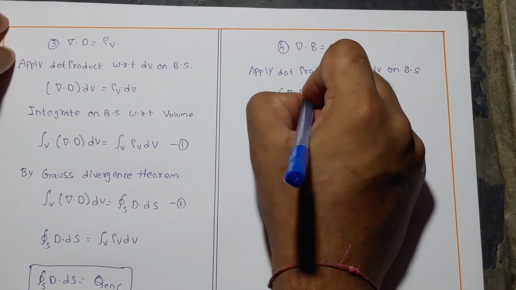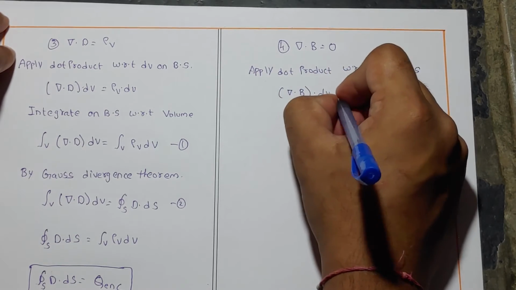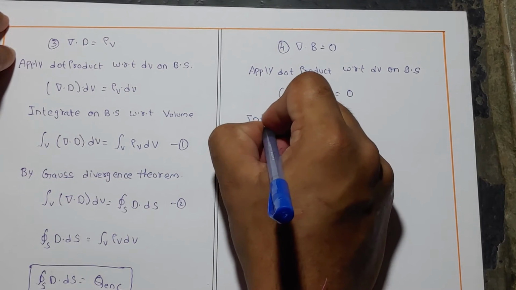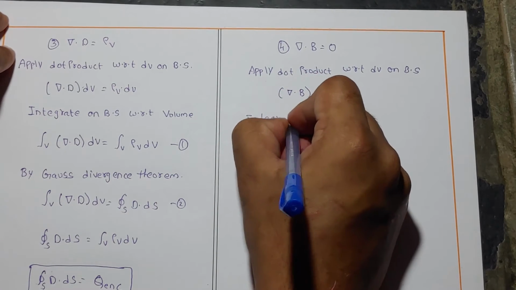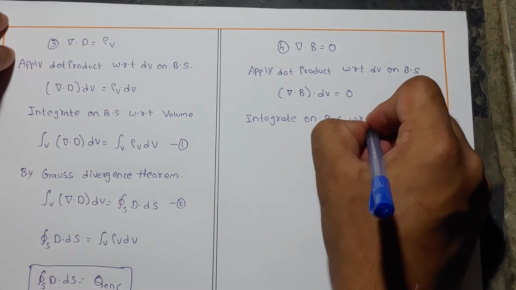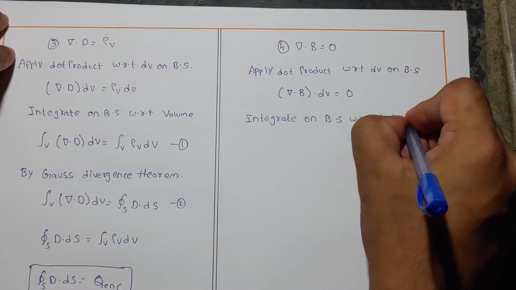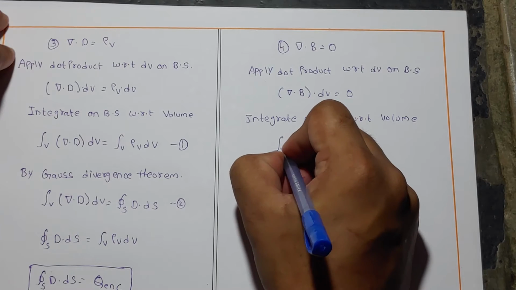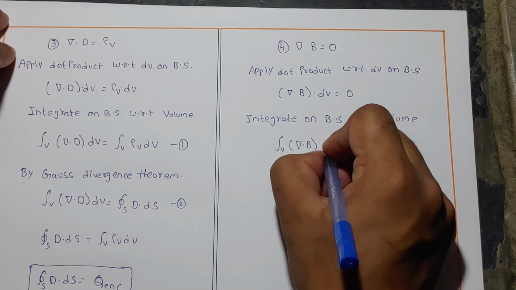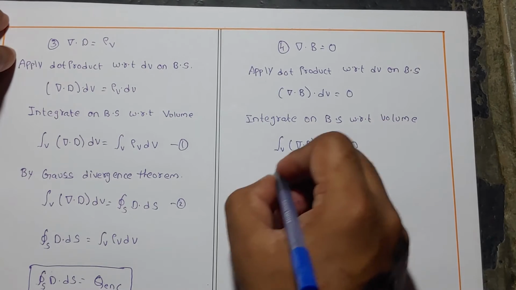Del dot B dv is equal to 0. Integrate on both sides with respect to volume. That is, volume integral of del dot B dv is equal to 0.